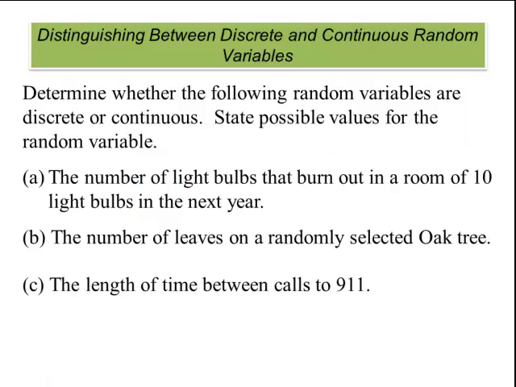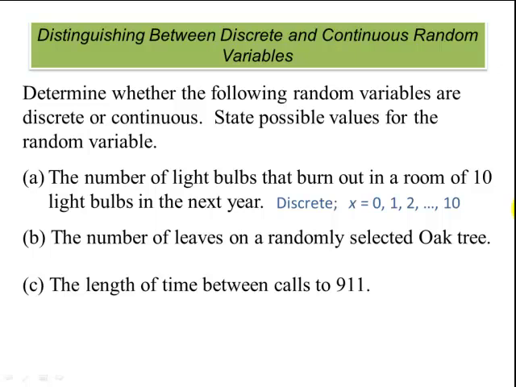Determine which of the following random variables are discrete or continuous. State the possible values for the random variable. The number of light bulbs that burn out in a room of 10 light bulbs in the next year. That's discrete, and the random variable can take values from 0 all the way up to 10.